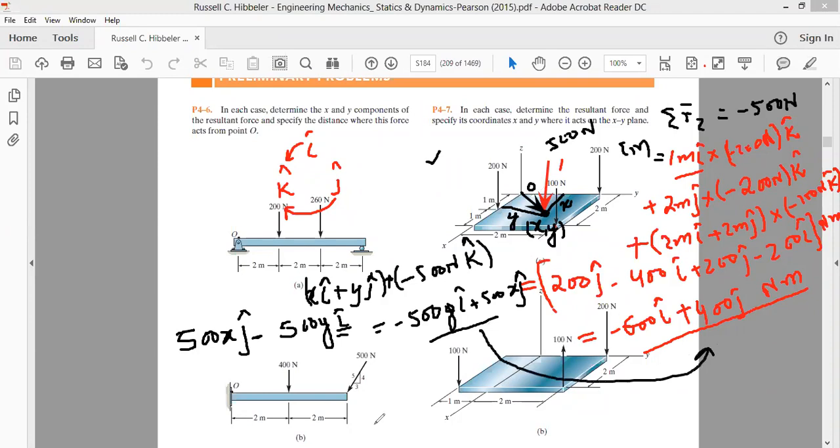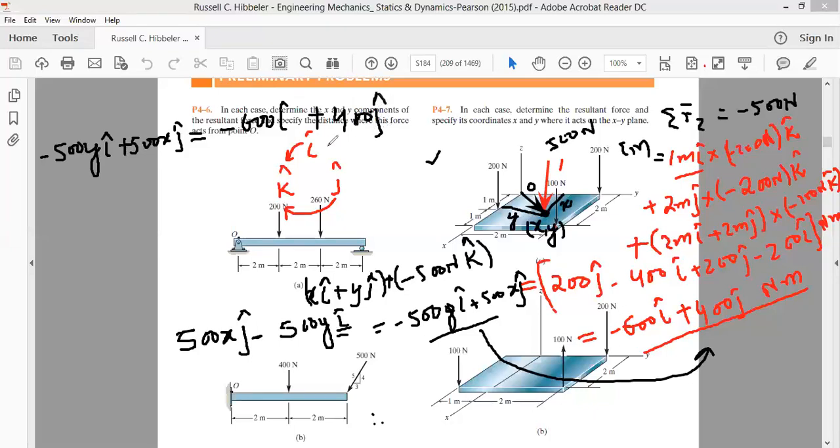Therefore, if we balance the two: minus 500y I cap plus 500x j cap is equal to minus 600 I cap plus 400 j cap.